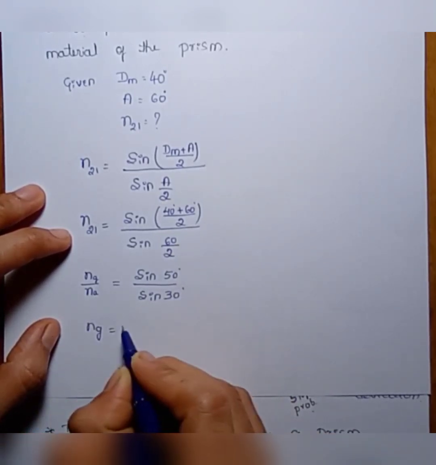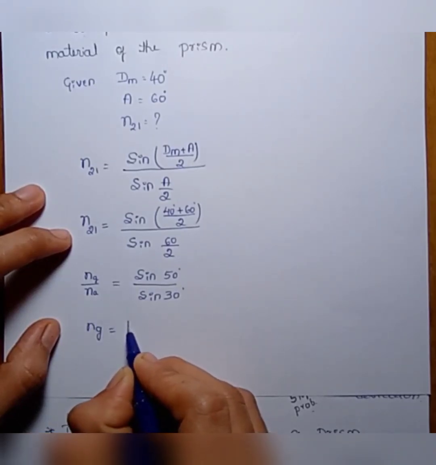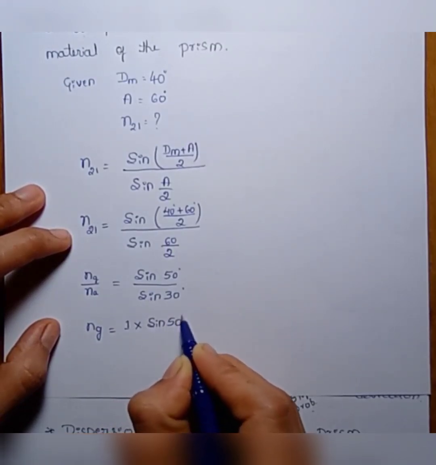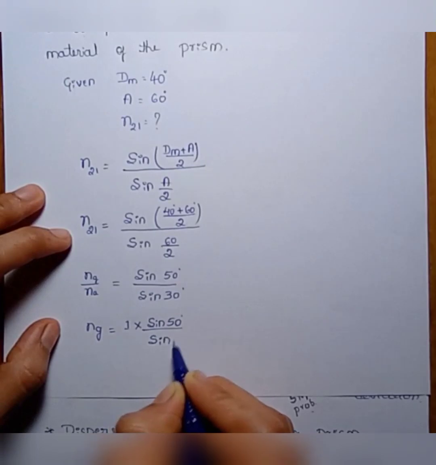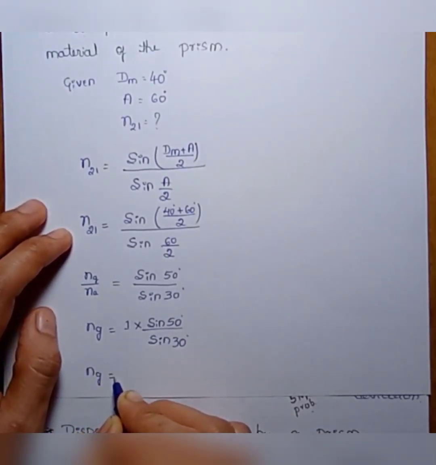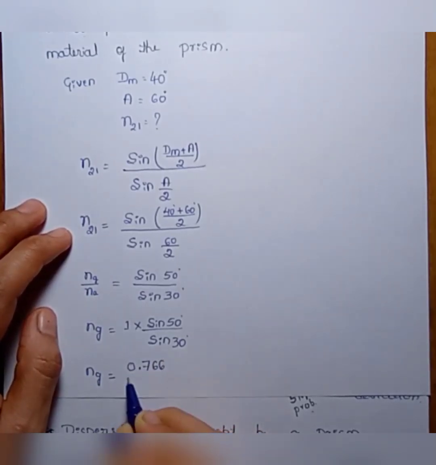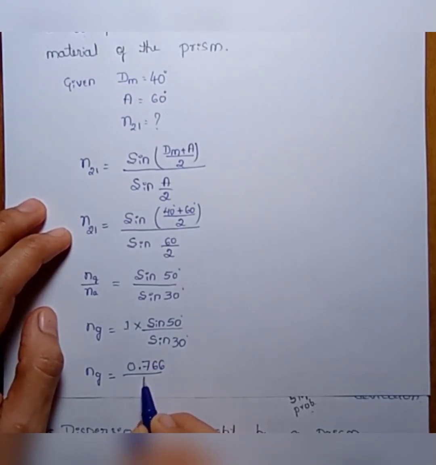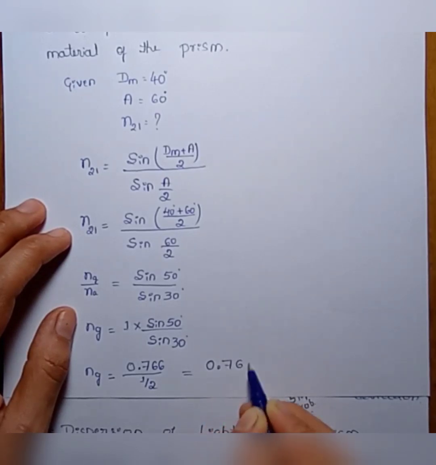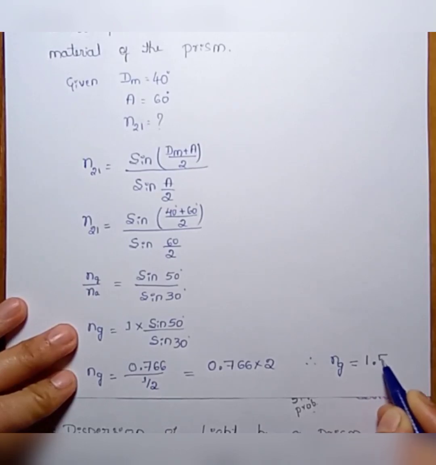Ng is equal to Na, the refractive index of air, which is 1, into sine 50 degrees divided by sine 30 degrees. The value of sine 50 degrees is 0.766, divided by sine 30 degrees, which is 1 by 2, so that is 0.766 into 2. Therefore, Ng is equal to 1.532.